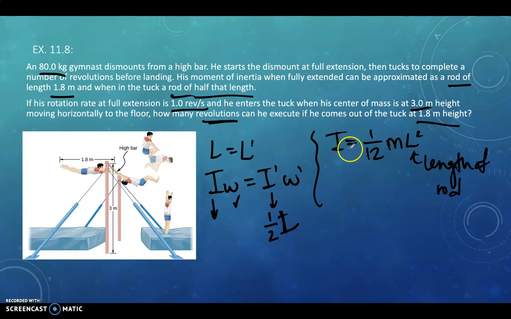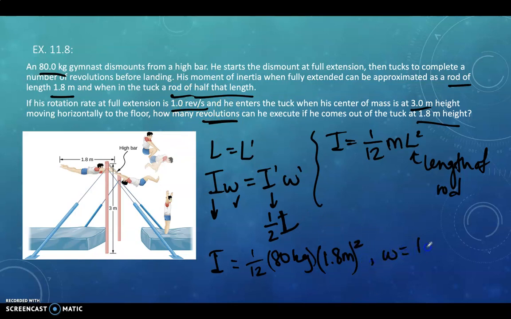Let's go ahead and put these values in. I is going to equal 1/12 times our mass, which is 80 kilograms, times our length, which is 1.8 meters, squared.